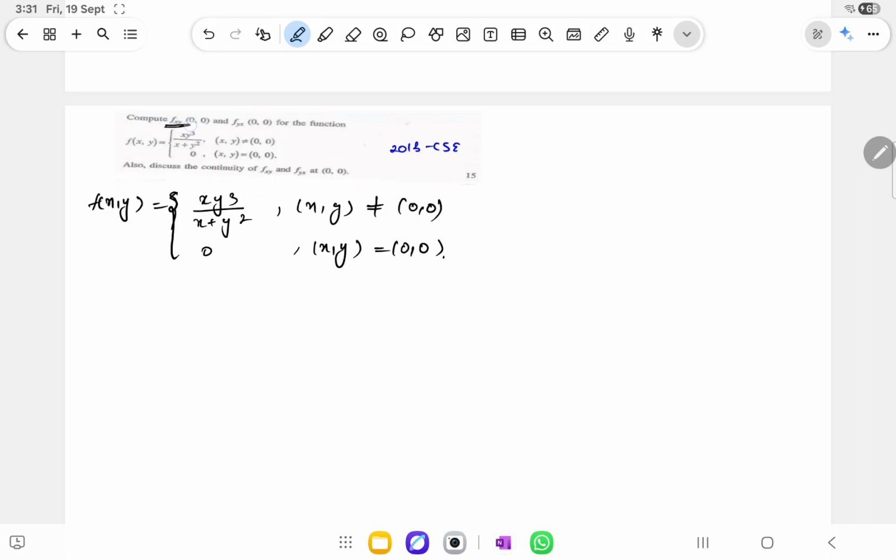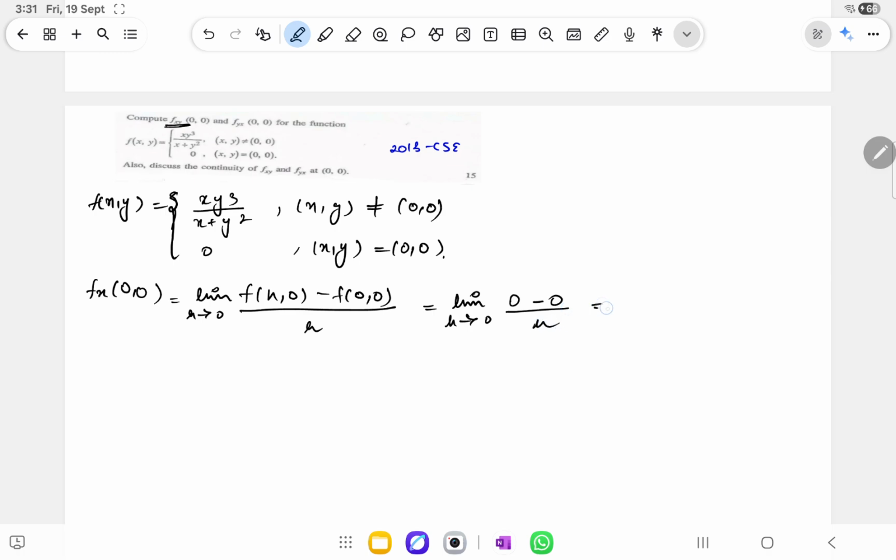So for that, first let us calculate f_x(0, 0). That will be the limit as h approaches 0 of f(h, 0) minus f(0, 0) divided by h, and this will be equal to the limit as h approaches 0 of 0 minus 0 divided by h. So this limit is 0 only.